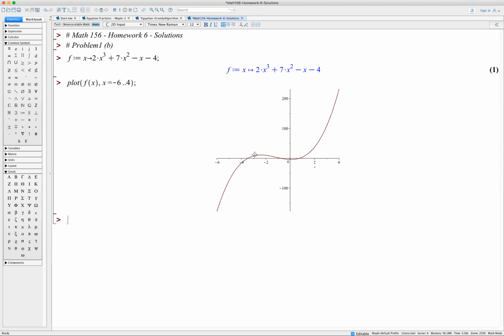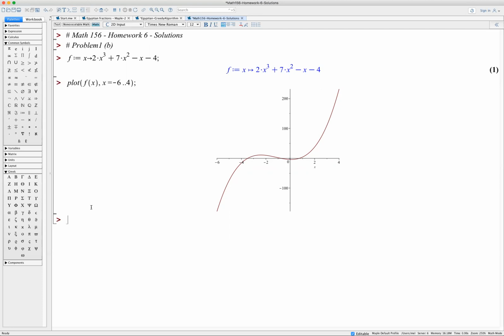Here it's increasing. Here's a relative maximum. It's decreasing. Somewhere around here is a relative minimum. Then it's increasing again. Here is concave down. Here it's concave up. So somewhere around there is an inflection point. So that's what we have to find.